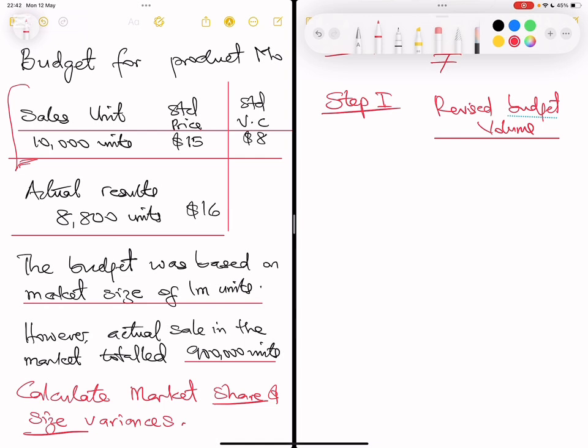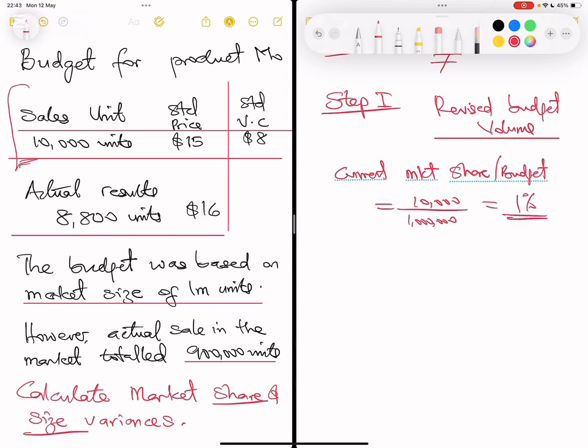Now, what's our current market share? Based on the budget, it is 10,000 divided by 1 million, and that is 1%. So this is our standard market share.